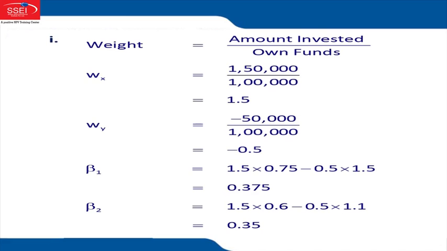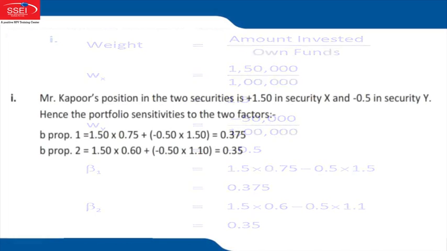And what is beta 2? Beta 2 is 1.5 into 0.6 minus 0.5 into 1.1. Let's check the answer. In the answer, they have given the same thing.